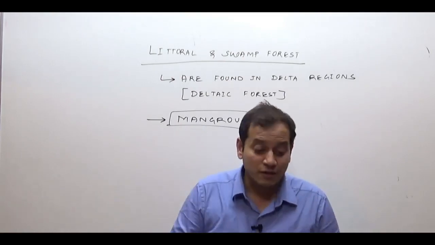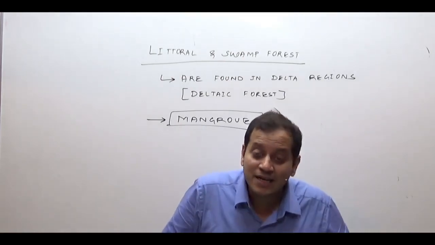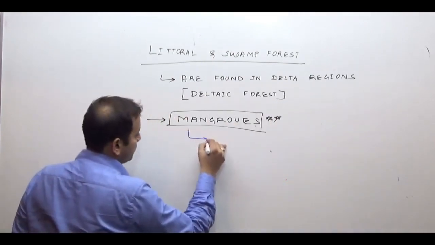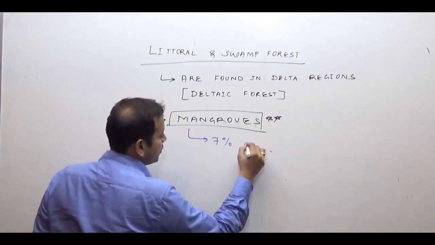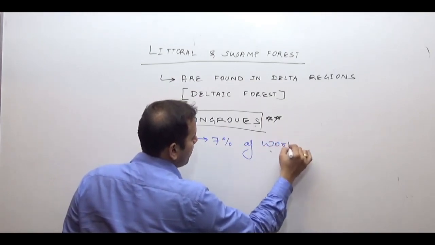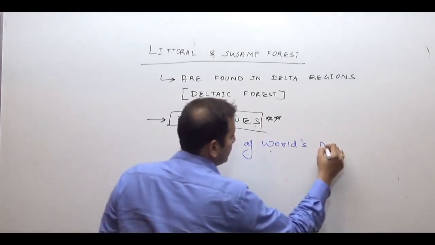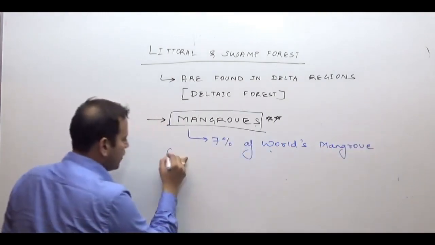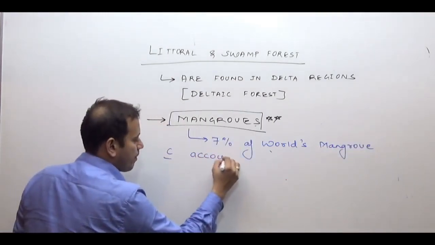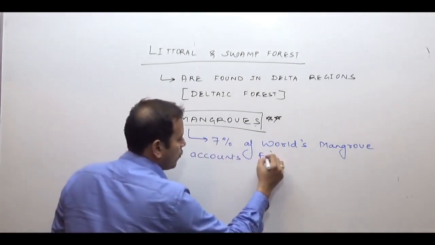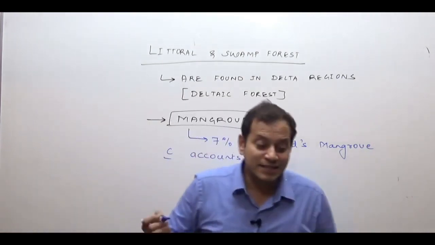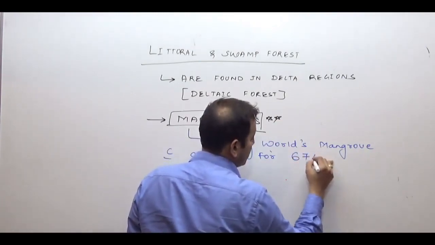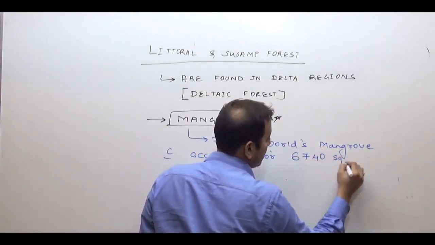And what about the cover of mangroves in India? India has 7% of the world's mangroves, which accounts for somewhere around 6,740 square kilometers.